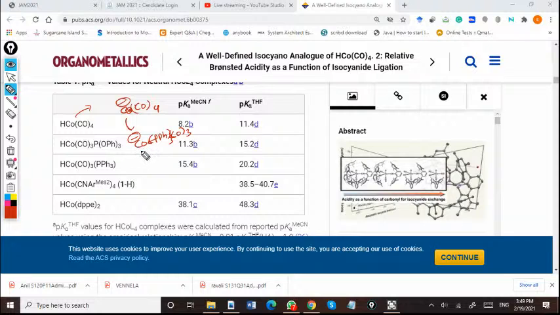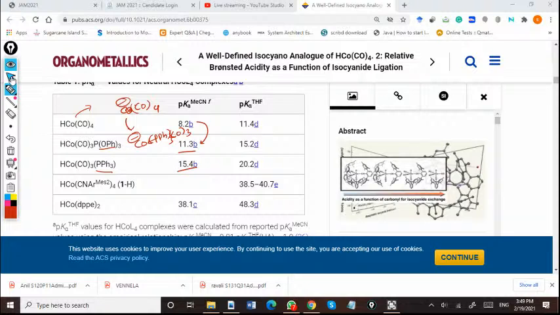So its acidity is going to decrease and the pKa is going to increase. That's why it will be 15.4. If it is replaced with oxyphenyl, it is a little bit withdrawing because of the oxygen, so it is not as extensive as the electron donating nature of triphenyl phosphine. So the pKa is only a little increased when compared to the carbonyls.